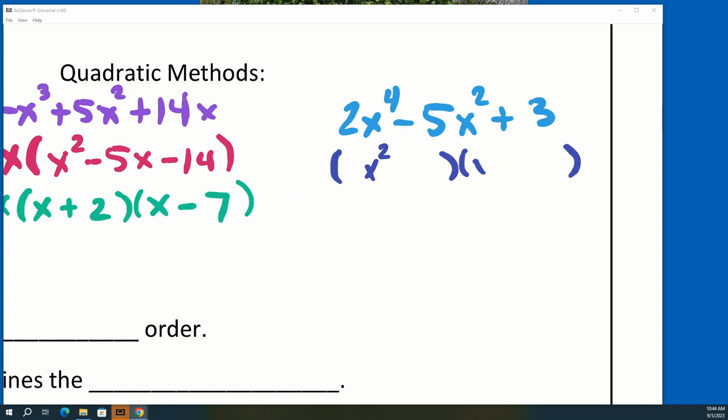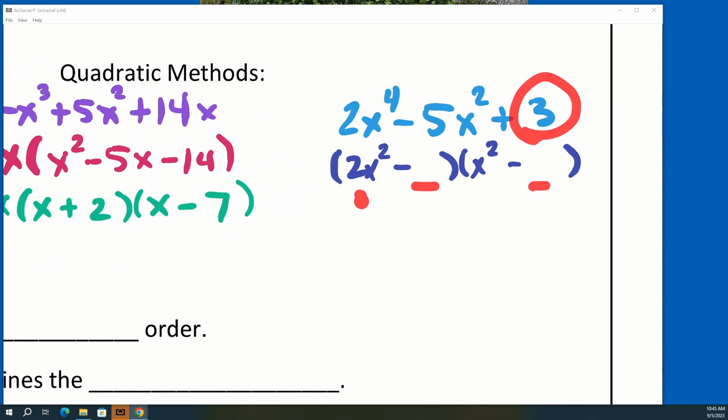And what do I need to do to get the 2? One of them needs to be a 2. Good job. All right, this time, this is a plus sign, which means these are going to be the same sign. What are they going to be? Negatives. Good job. And then what we put here and here needs to give you 3.